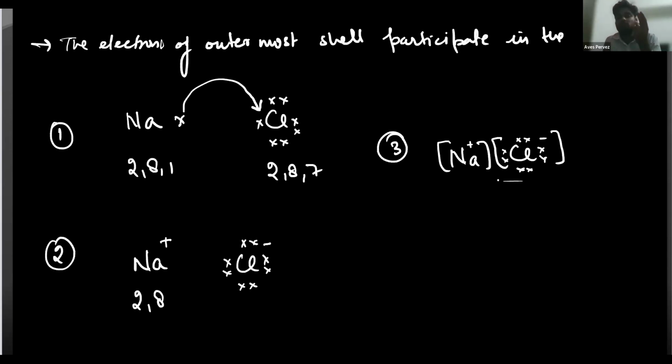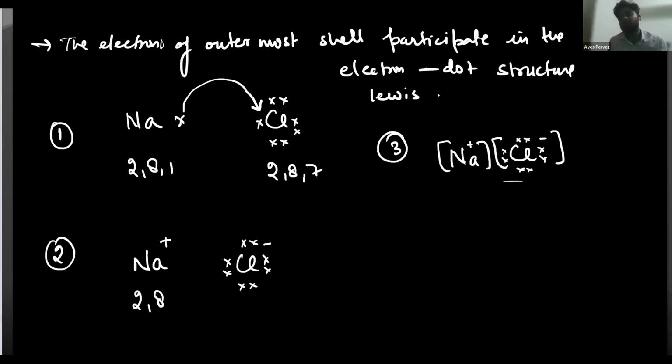You have to show the electron dot structure, which is also called the Lewis dot structure. Got my point? Please note it down fast.